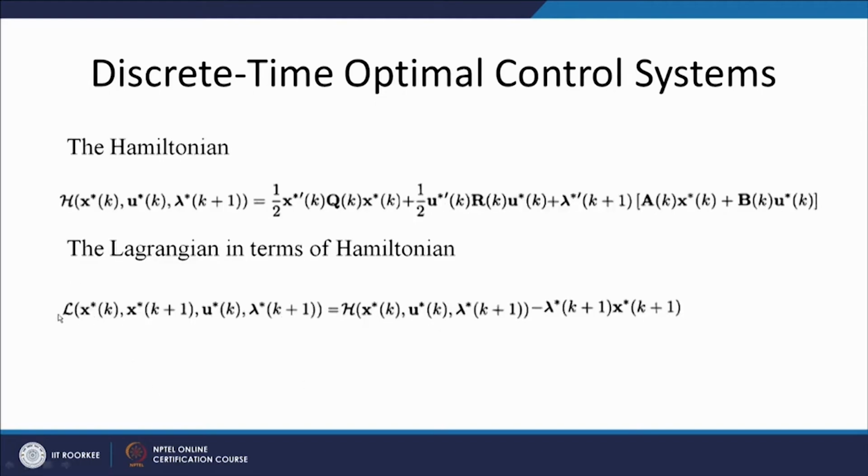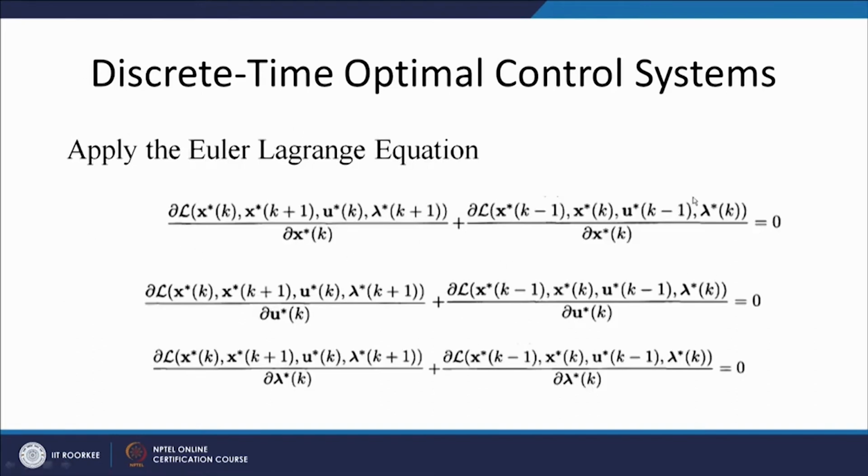So, I am writing my L in terms of the H minus lambda prime k plus 1 x star of k plus 1. So, this is giving me the Lagrangian. Now, if I use this Lagrangian in terms of the Hamiltonian with these equations, I can get all the EL equations in terms of my Hamiltonian.